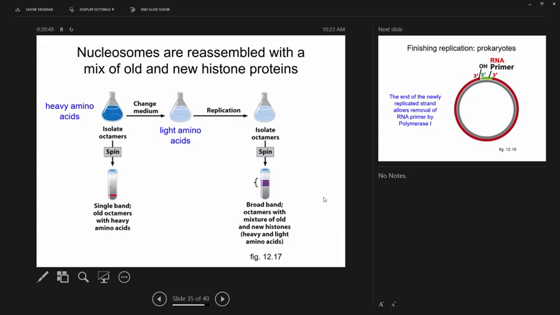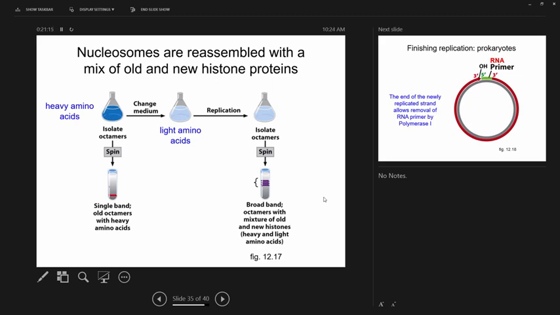Similar to the DNA replication experiment, instead of using DNA that was labeled with heavy nitrogen, remember N15, now you're growing cells in heavy amino acids for many generations, so that all the amino acids that are in the nucleosomes are heavy.